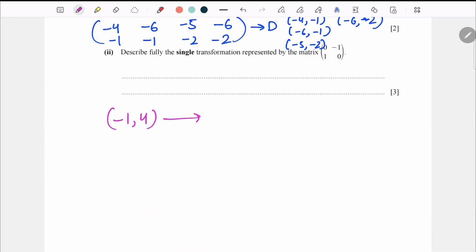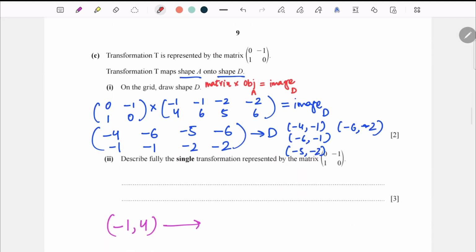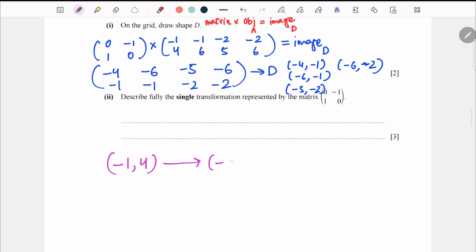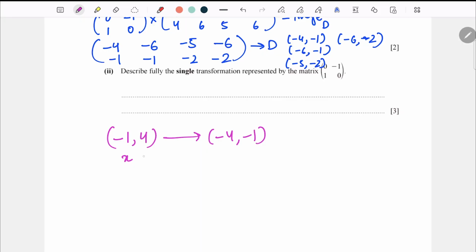This is being converted to the coordinate of D, which is minus 4 comma minus 1. So if this is x and this is y, then we can say that it is being converted to minus y comma x.